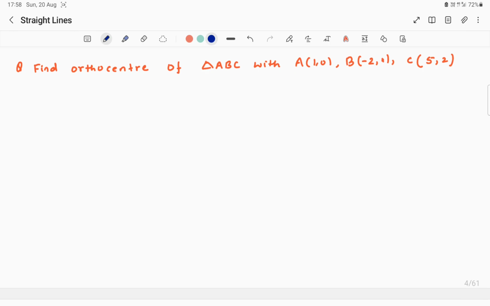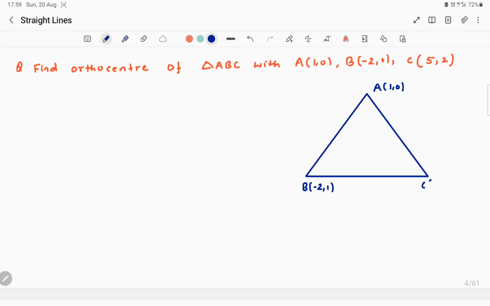Now we have an interesting question: find the orthocenter of triangle ABC. First, what is an orthocenter? You would have learned it in some junior classes.